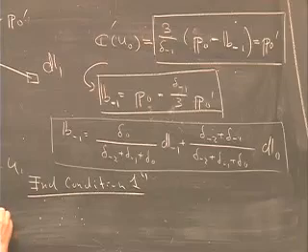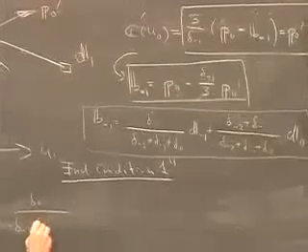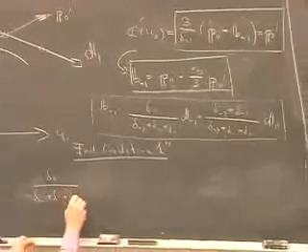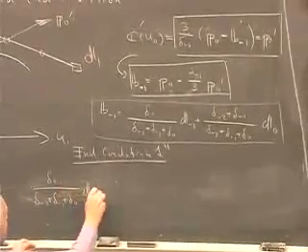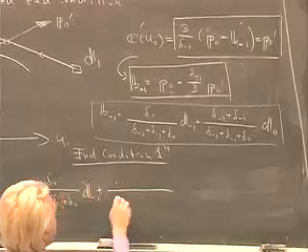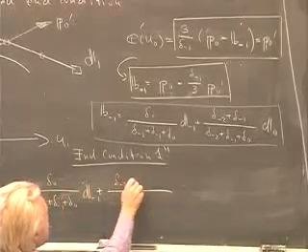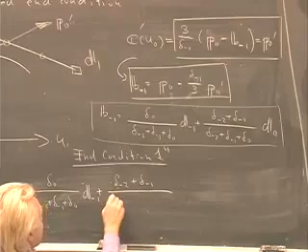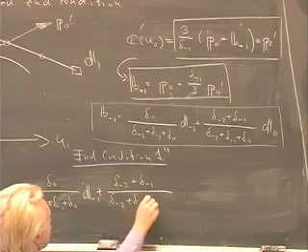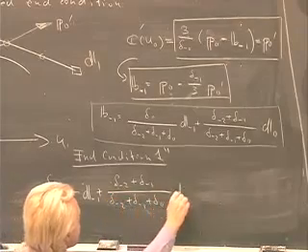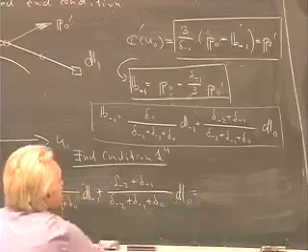So we have delta 0 over delta minus 2 plus delta minus 1 plus delta 0 times d minus 1 plus delta minus 2 plus delta minus 1 divided by delta minus 2 plus delta minus 1 plus delta 0 times d0 equals what we specify.